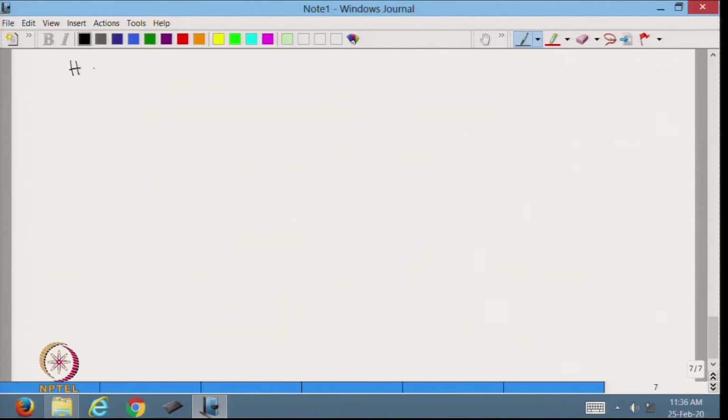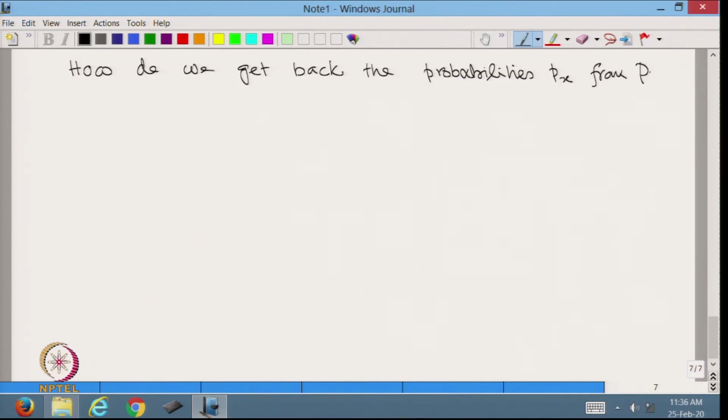How do we get back our probabilities P(x) from the probability generating function P_x(s)? That is very simple.